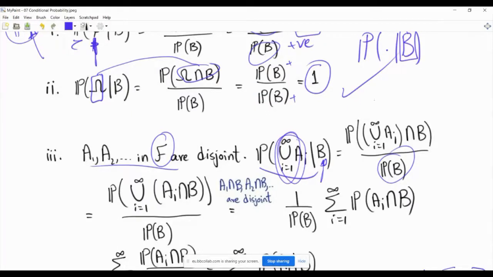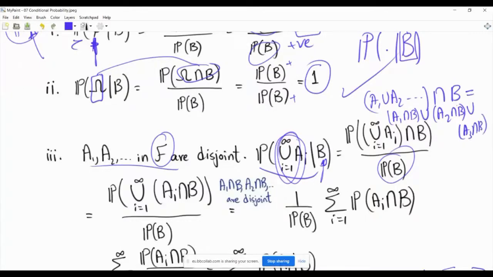If you have a union of sets, A1 union A2, and so on, intersected with one set B, you can show that this is the same as the union of A1 intersect B, then union A2 intersect B, then union A3 intersect B, and so on and so forth. It's not difficult to show.